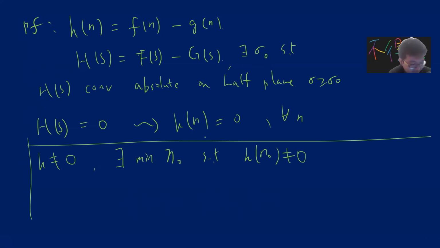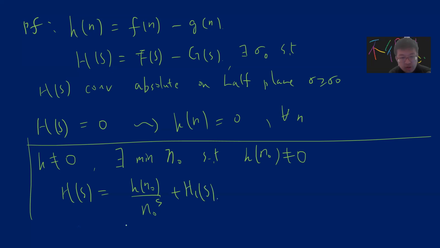That means you can write h(s) as h(n_0)/n_0^s plus, let's say, h_1(s). This is the leading term. So let's remember this equation.